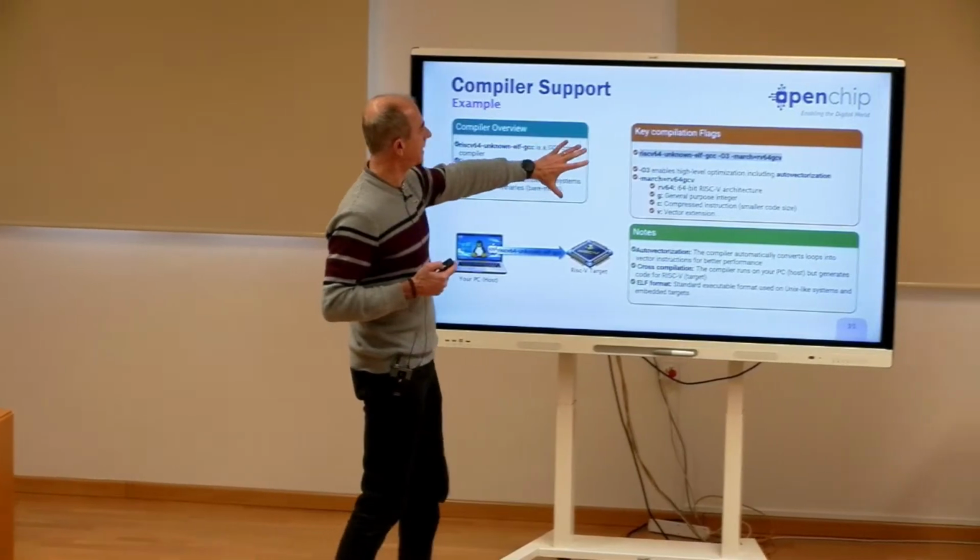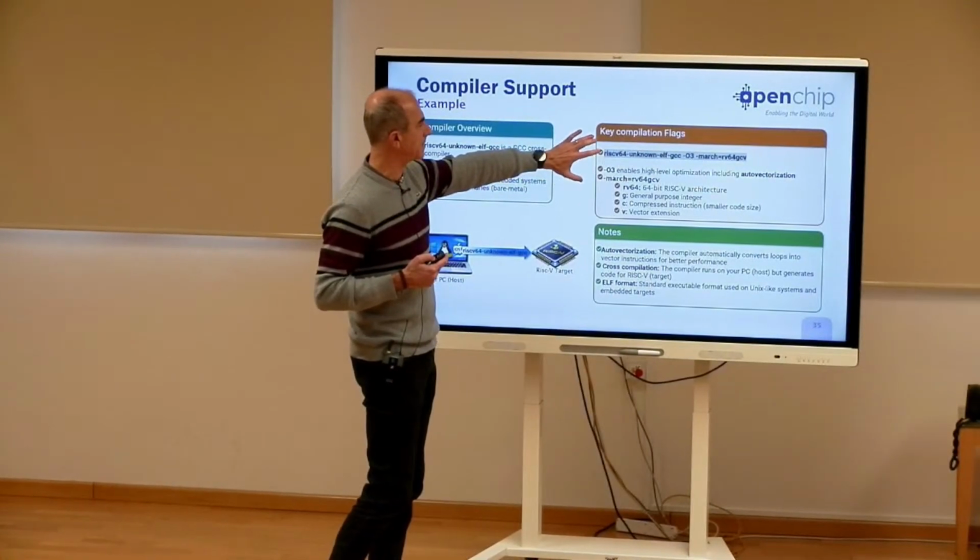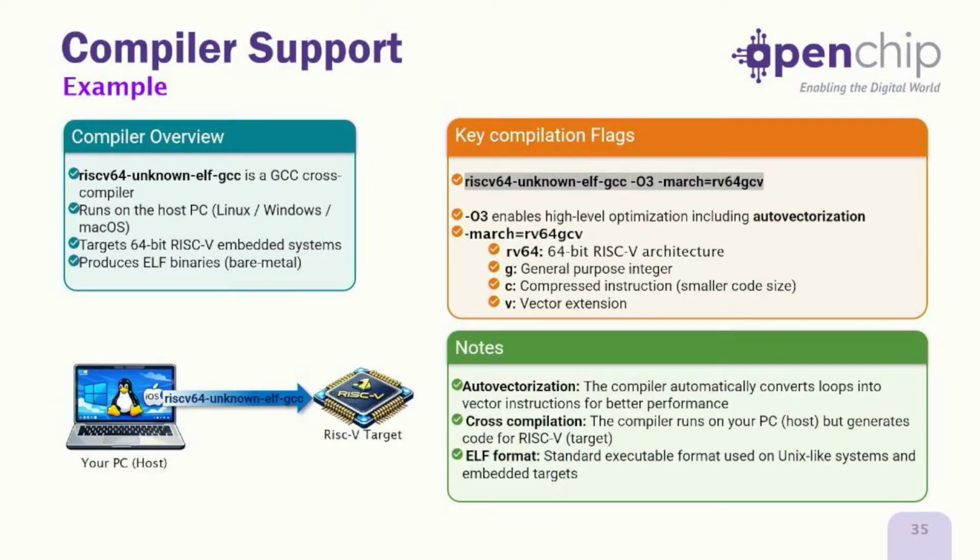And this is an example of the flags you can use for your compilation. You can use, for example, the -O3 flag, which tells the compiler to enable a high level of optimization. It allows generating auto-vectorized code.